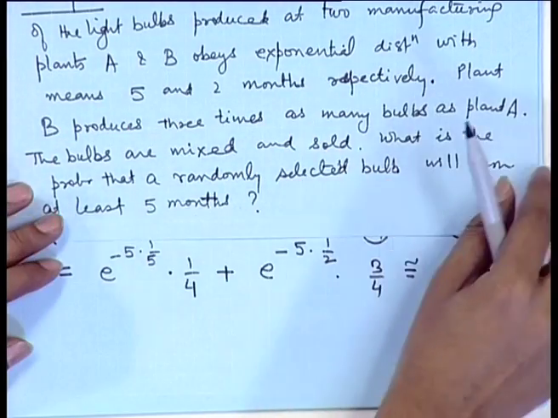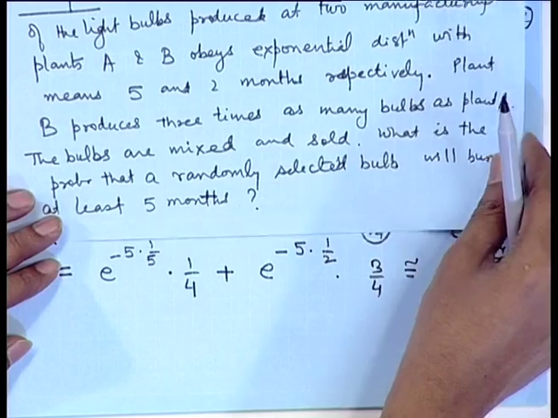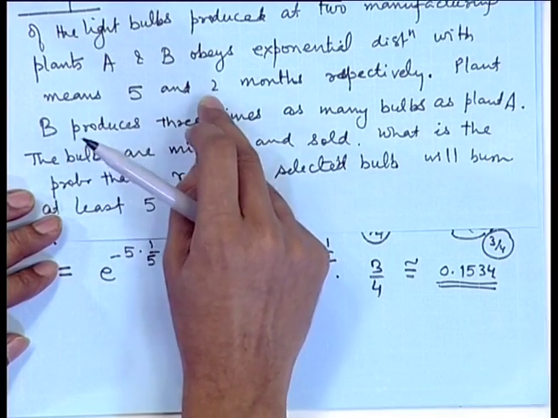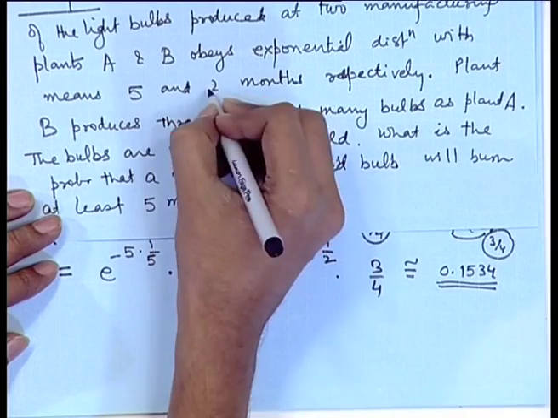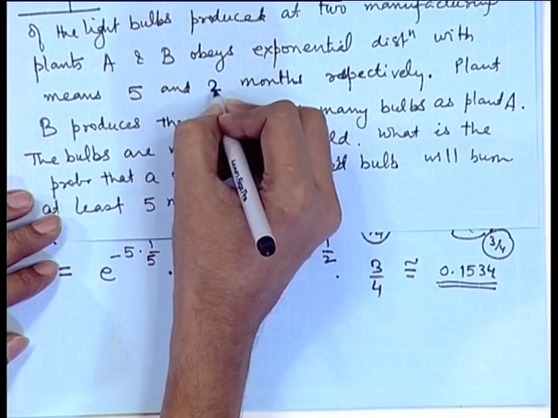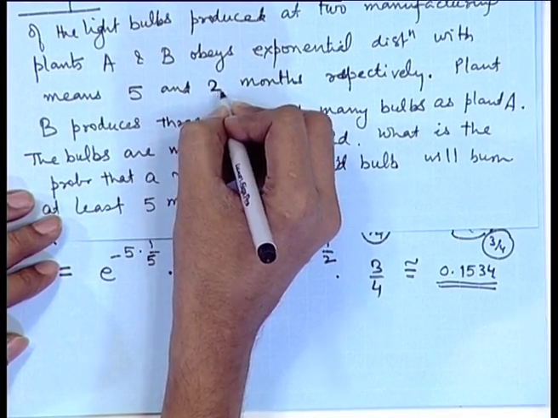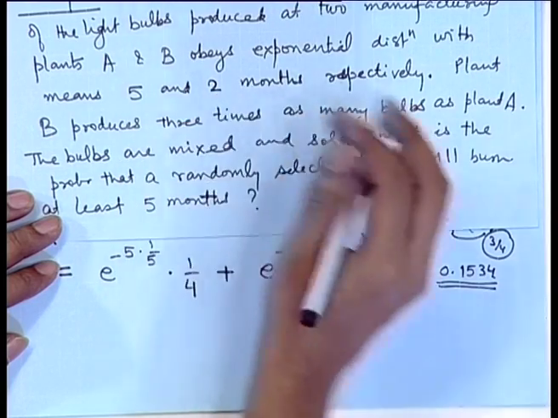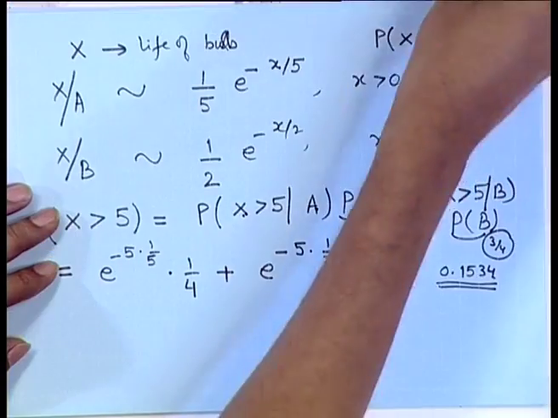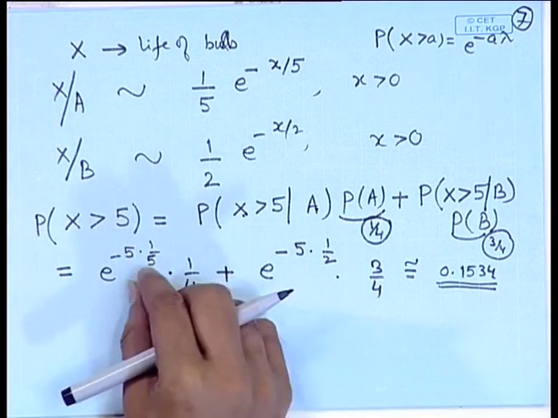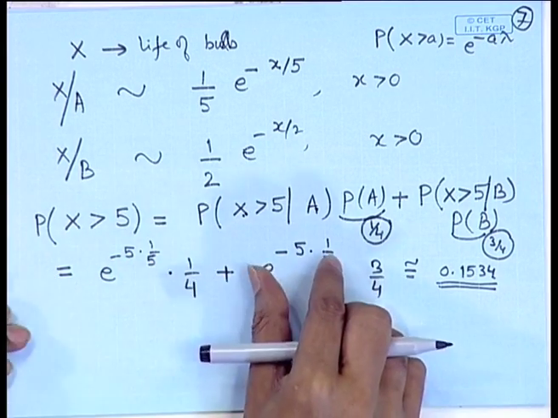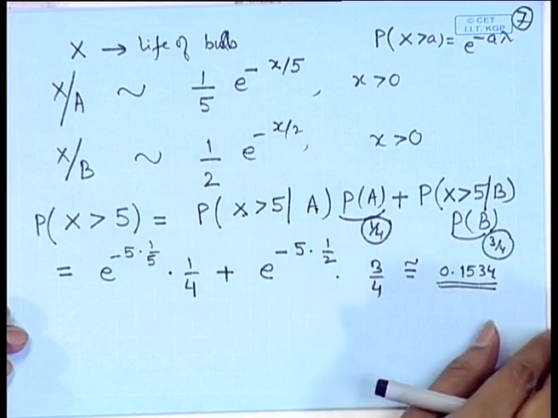So, it should be nearly half, but it is not so, because plant B gives more supply compared to plant A, and in plant B the probability of having more than 5 months is much smaller, because it is e to the power minus 5 by 2 and here it is e to the power minus 1. So, this number is obviously larger than this number. Thank you.